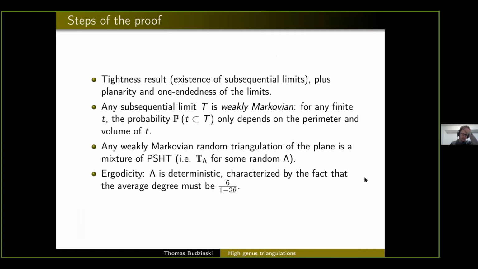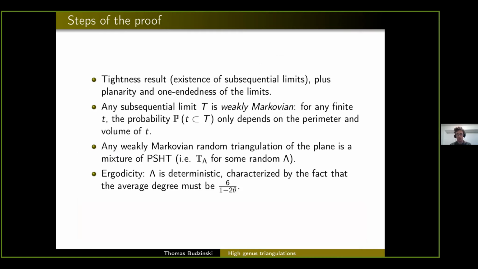All right. So now let's describe the rough steps of the proof of this theorem. The first part of the proof consists of getting a tightness result. It's a quite usual strategy in probability.